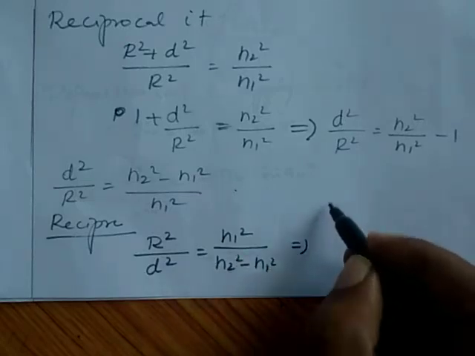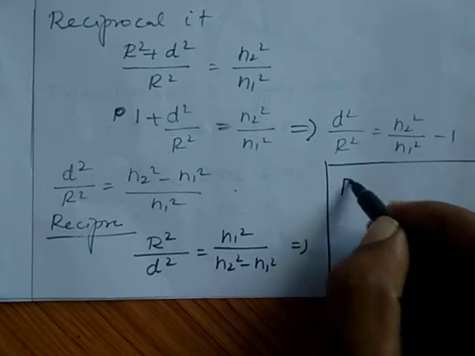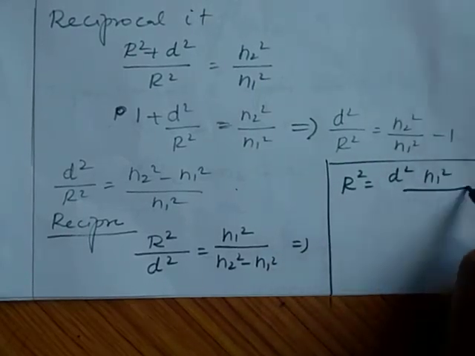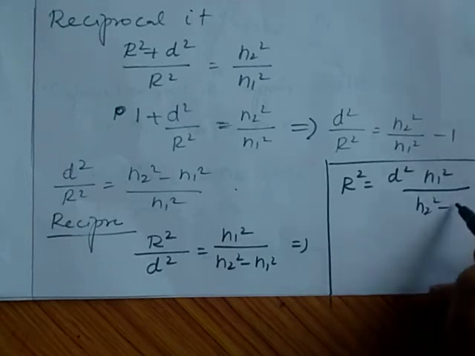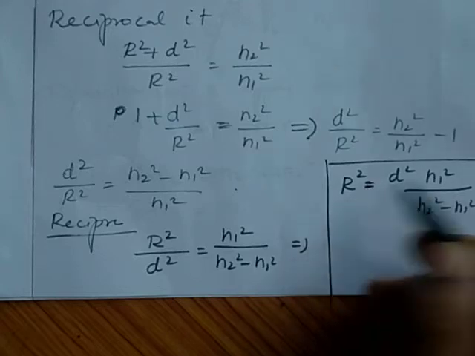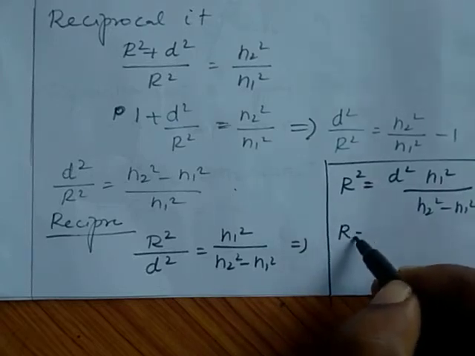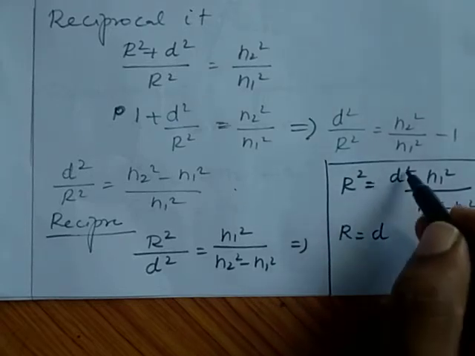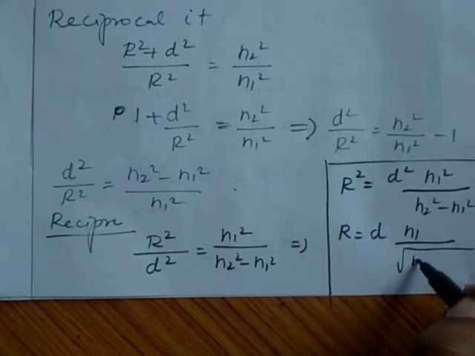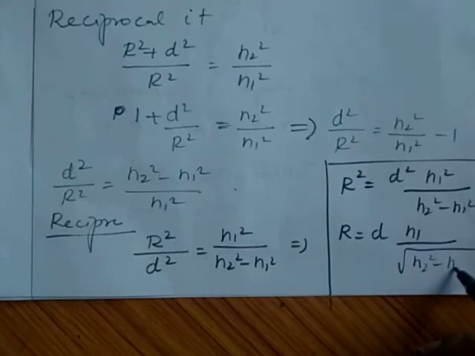Then solving this, we get R square is equal to D square n1 square by n2 square minus n1 square. The square going to the right side will be a root. Then we can write R is equal to D, root of n2 square minus n1 square.